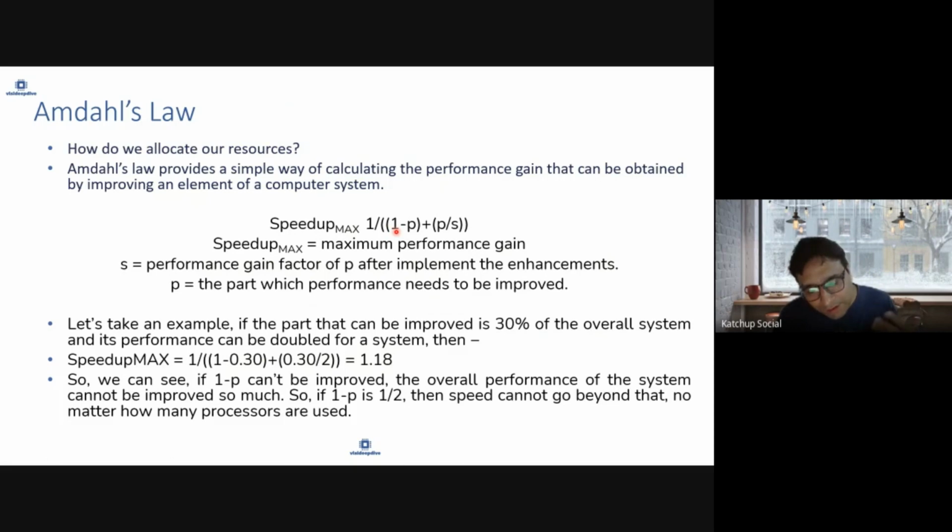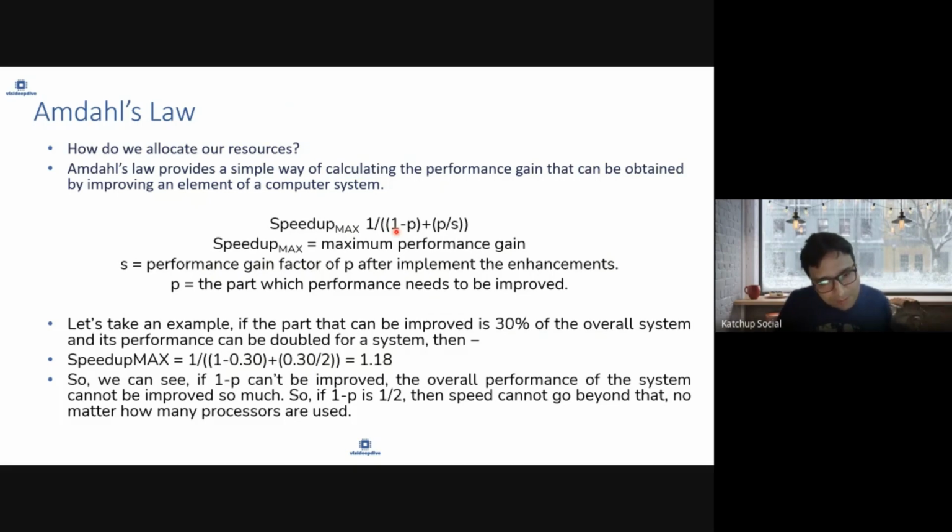Now, rather than double, if you do 4x, you will still hit a theoretical limit. If the part for which you are improving the performance is a very small portion, you may not get much gain, even if you improve the speed by 10x.